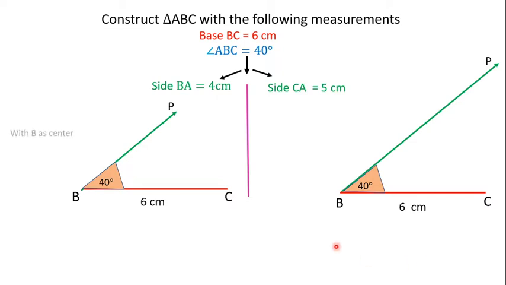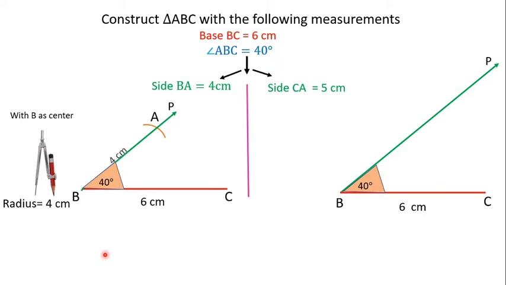With the help of compasses, taking radius as 4 centimeter, with B as center, let us cut this ray BP at some point and let this point be called point A. Now in the second case, with C as center, because CA is given, we take radius equal to 5 centimeter and cut an arc like this.